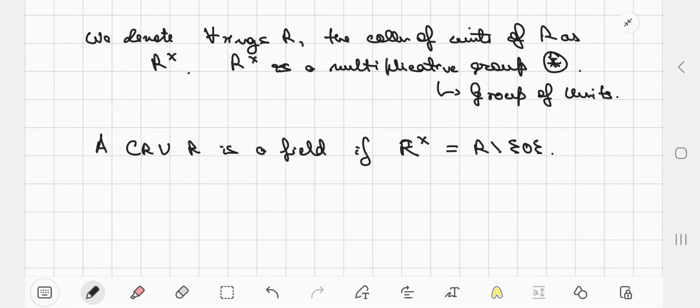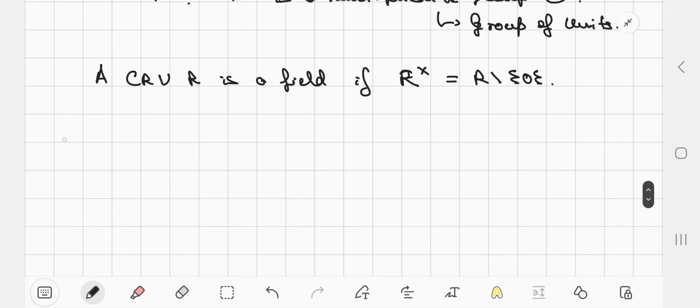Because by definition, a commutative ring with unity forms a field if every non-zero element has an inverse. Therefore, the group of units of R must be the whole of R except the zero element, and that is the condition for R to be a field.